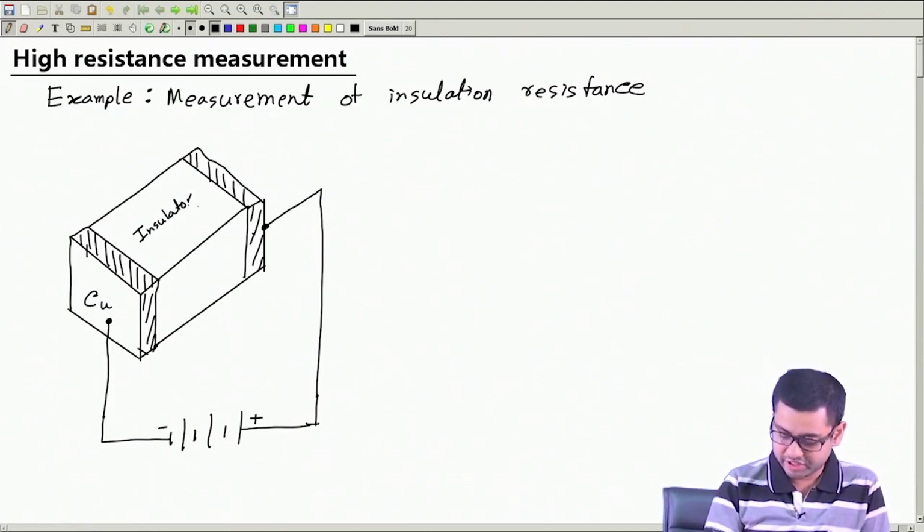otherwise almost no current will flow through this insulator, because this is an insulator, but not a perfect insulator. So, if you apply some voltage source through it, then some current will leak through the insulator. Okay. So, there will be some leakage current through this insulator.